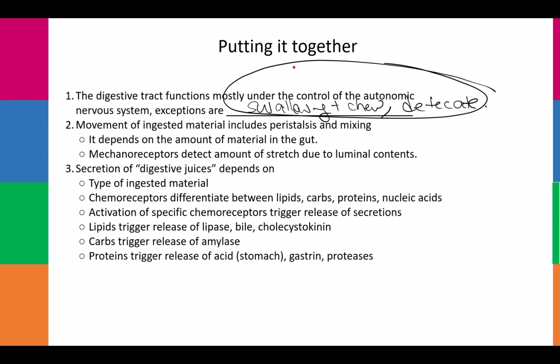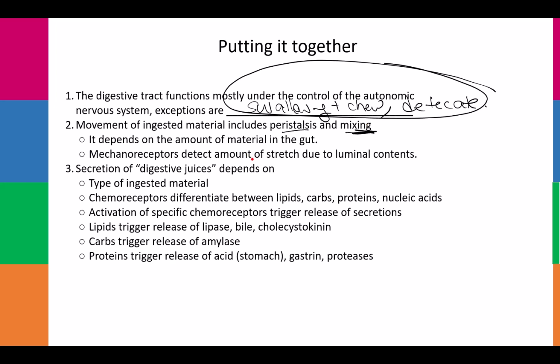Movement of ingested materials through the digestive tract involves a series of peristalsis that moves the ingested contents from the mouth towards the anus, as well as mixing that helps with breaking down the ingested contents into smaller and chemically simpler components.